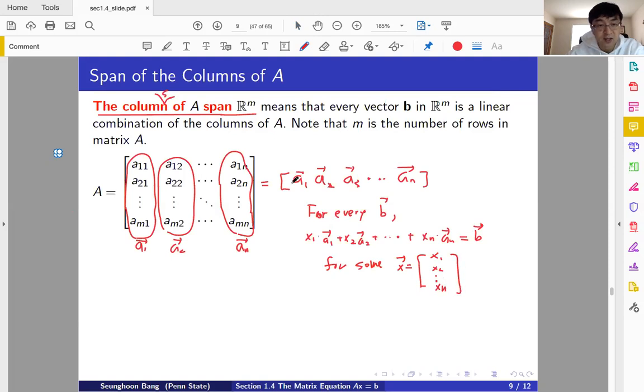This is the exact meaning of the columns of A spanning Rm.